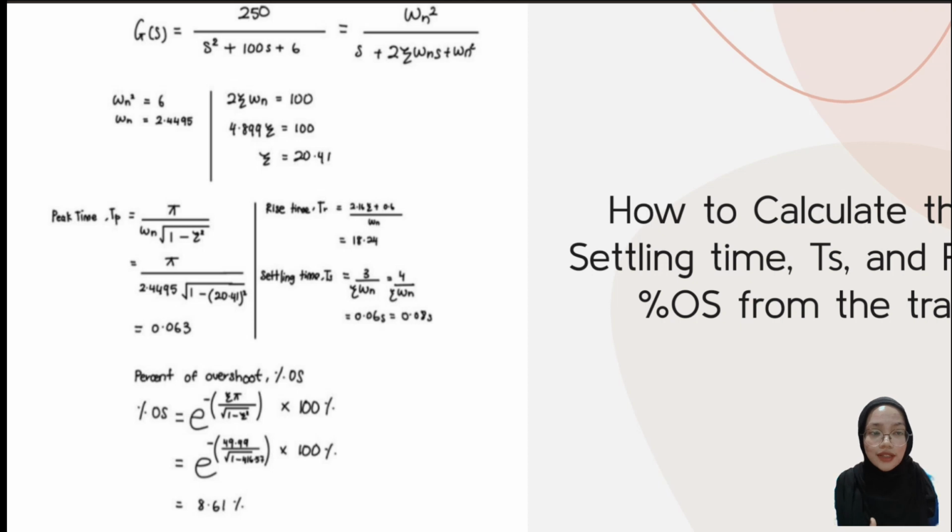Then we get the exact value for the peak time. Also the rise time and settling time, we need to use that formula that given, and we can get the exact value. Alright, for the percent of overshoot, also we need to use the formula that given, and lastly we get the value.